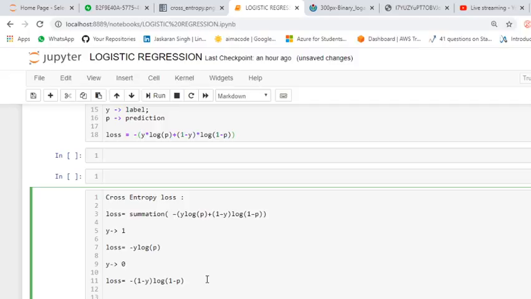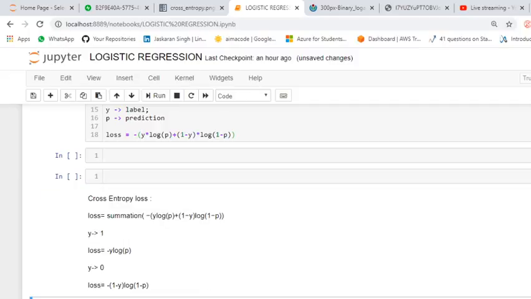So we have variables like m1, m2, m3, and so on, and a bias, right? So we're going to find the derivative of the loss function with respect to these variables.